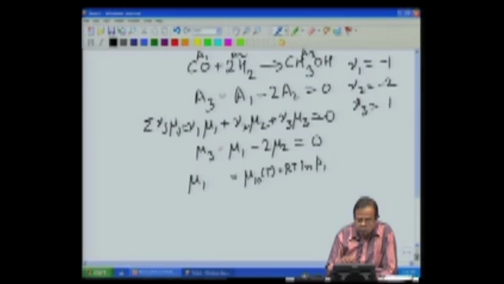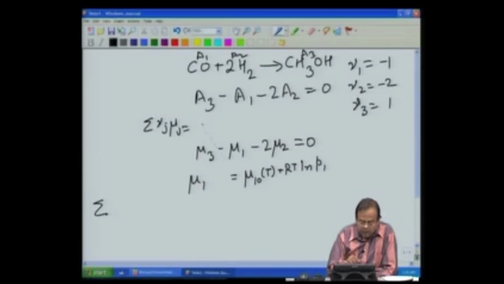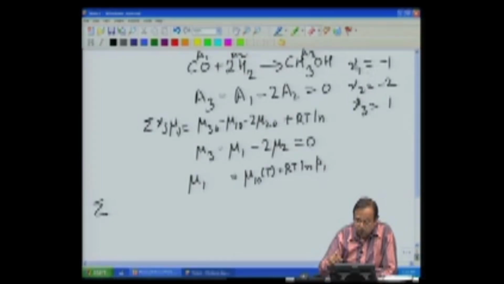Now if I substitute these individual values, I will get mu 3 0 minus mu 1 0 minus 2 mu 2 0 from the first terms, plus RT ln P1 raised to nu 1, so P1 raised to minus 1 into P2 raised to minus 2 into P3 raised to 1, that is product of Pj raised to nu j, ln of that.